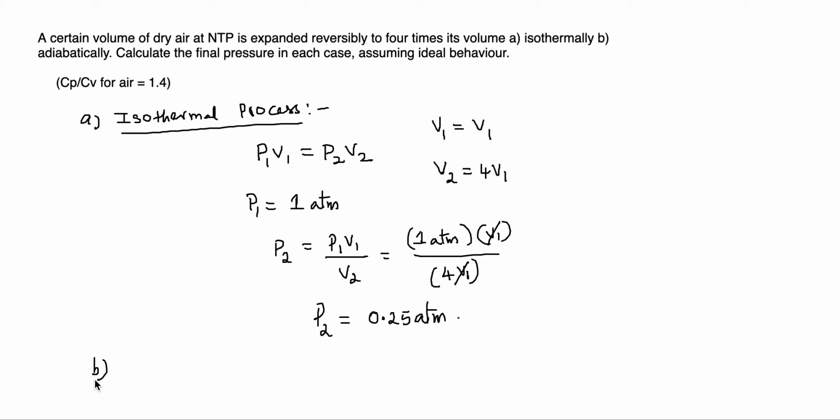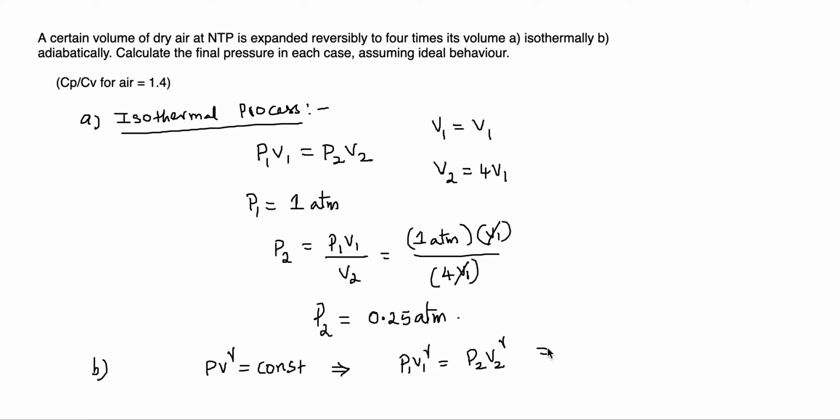So here let's find the pressure. The relationship between pressure and volume is PV to the power gamma equal to constant. And what is gamma? Gamma is Cp divided by Cv, that is 1.4. We already know that. So if we write the initial and final state conditions, we get P1 V1 to the power gamma equal to P2 V2 to the power gamma.